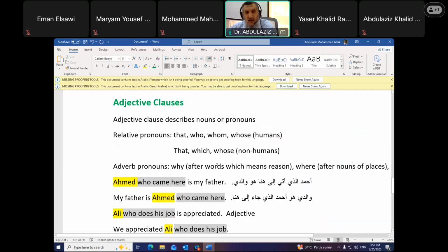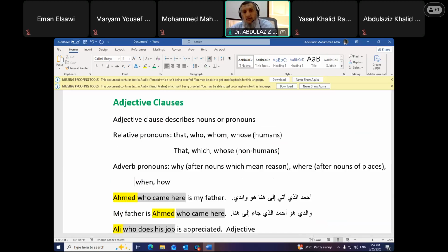This is after nouns of reason, nouns which mean reason. This one, when, after nouns which mean time.